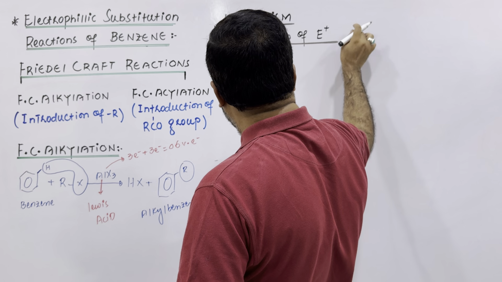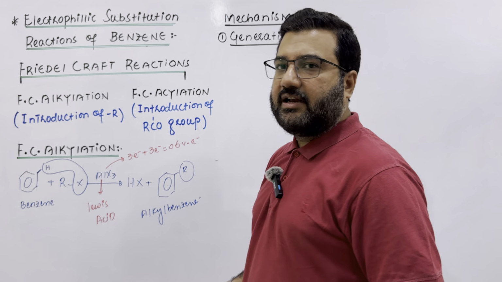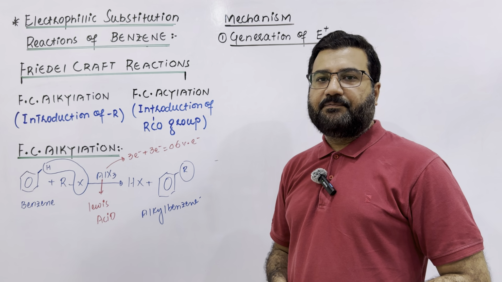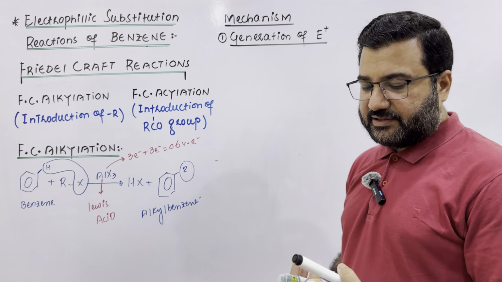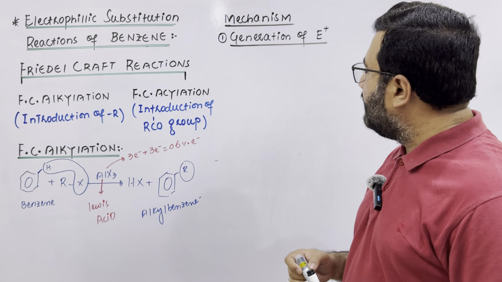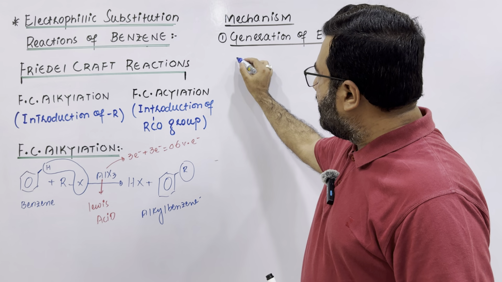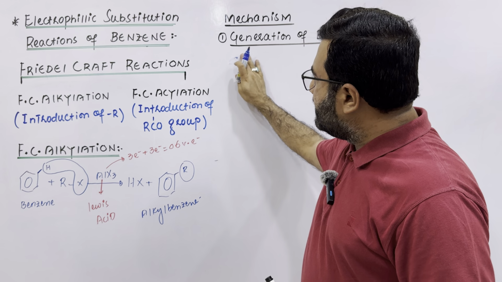As benzene is highly stable, a weak electrophile cannot attack the pi electrons of the benzene, which are the delocalized electrons. So a stronger electrophile will be required to attack the delocalized pi electrons of the benzene.